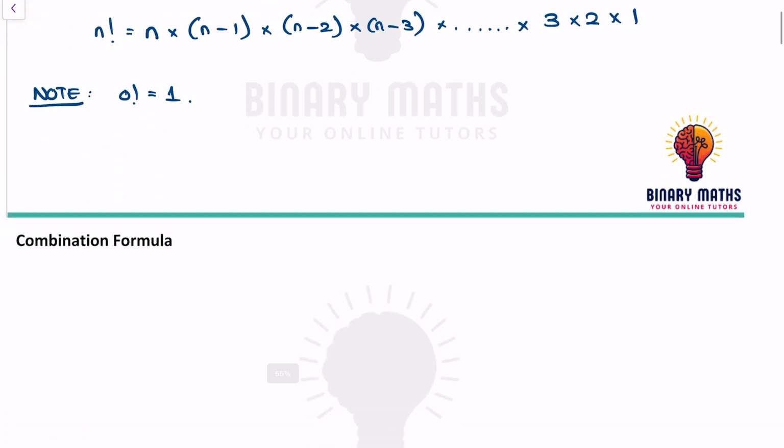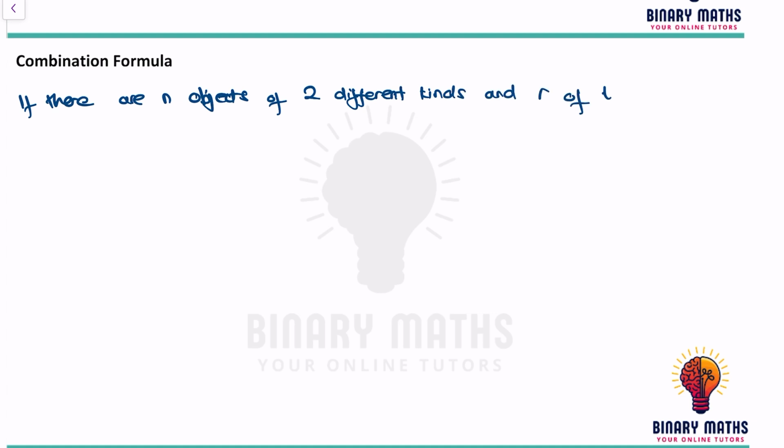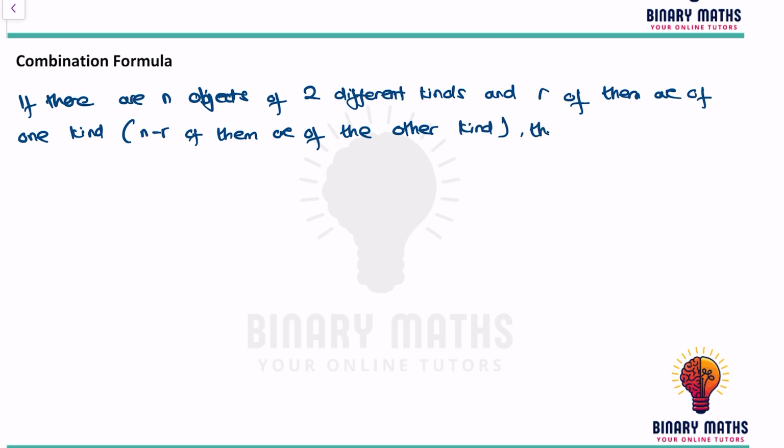The next definition that you need to know about is the combination formula. If there are n objects of 2 different kinds, and r of them are of one kind, which means n minus r of them are of the other kind, the number of ways of combining them is given by this formula.